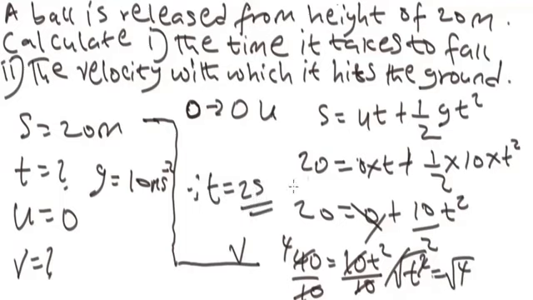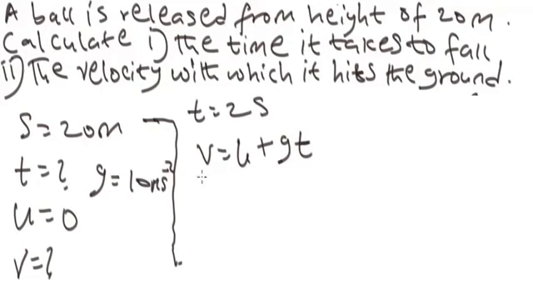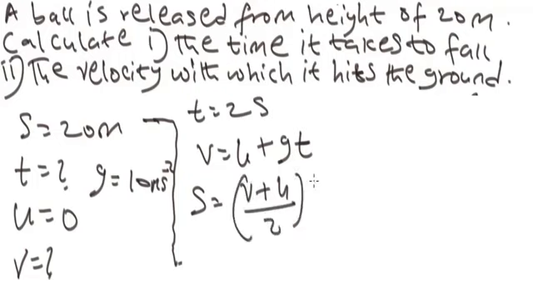Now let's wipe this and solve for the second part, the velocity with which it hits the ground. We now know our t is 2 seconds. To get the final velocity v, we can either use v equals u plus gt, or we can use x equals (v plus u) over 2 times time.